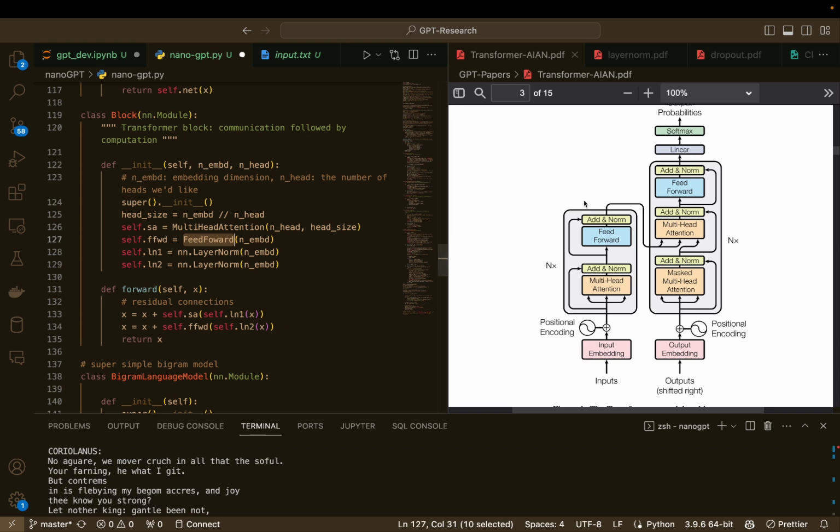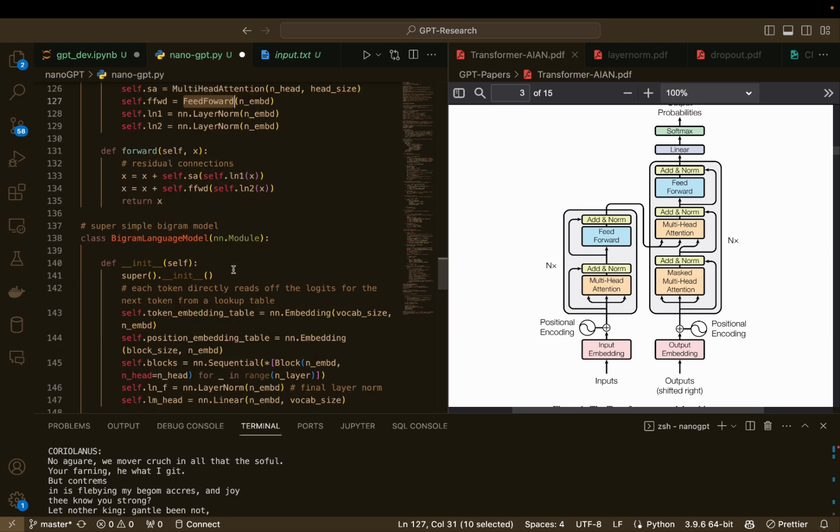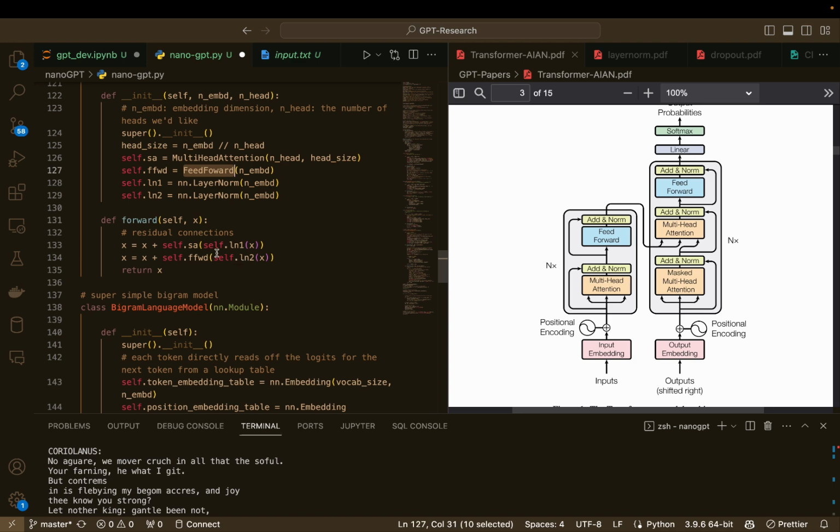What layer normalization does is it basically just normalizes our output. After we've applied multi-head and feed forward, the output of those will be normalized here.